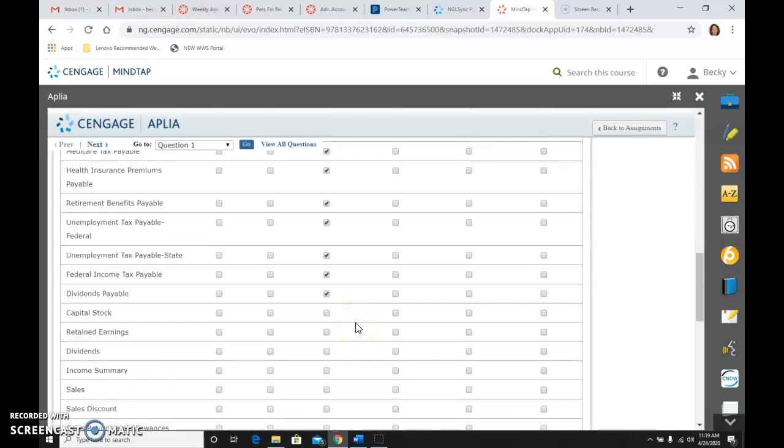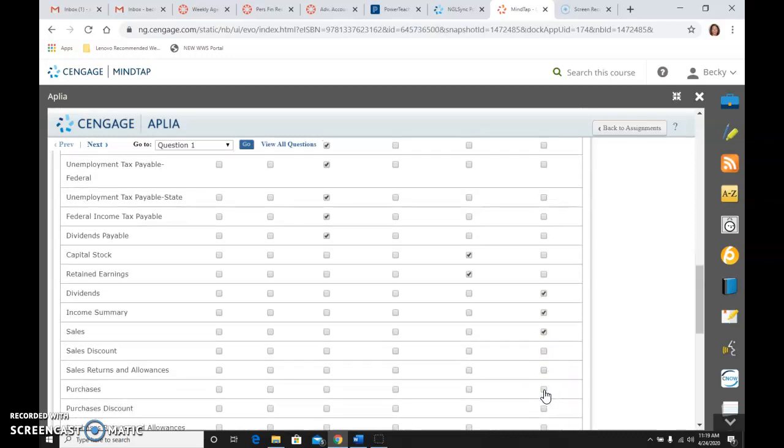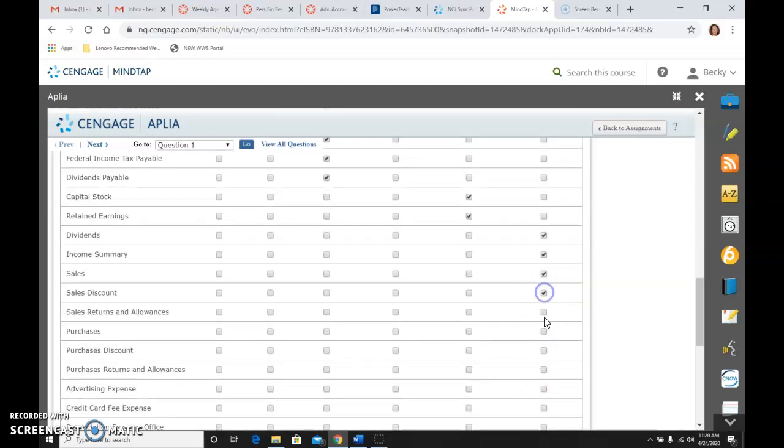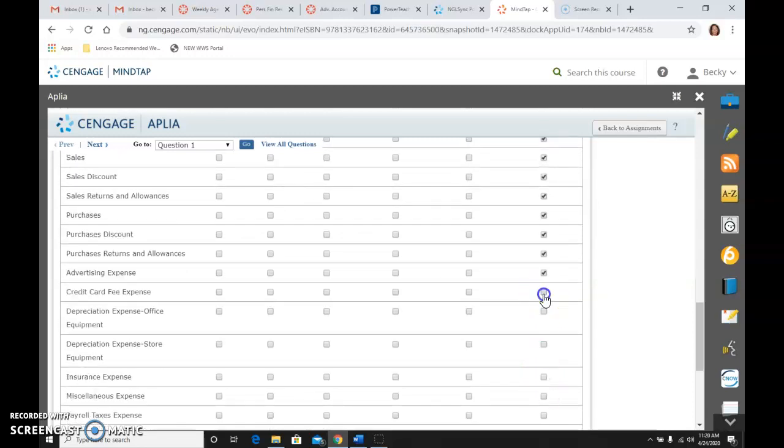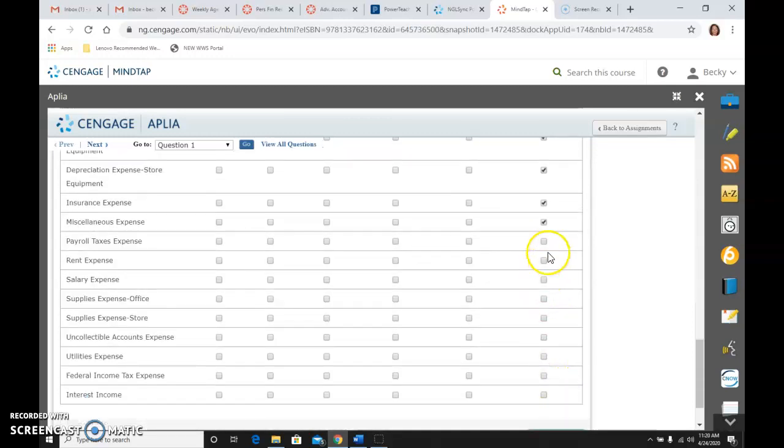And then we have no long-term liabilities, so then we're to equity for capital stock and retained earnings. And then dividends on down is all on equity statement or income statement, so not on the balance sheet. So we will put check marks on all of those for not on the balance sheet. Wow, there are a lot of them.